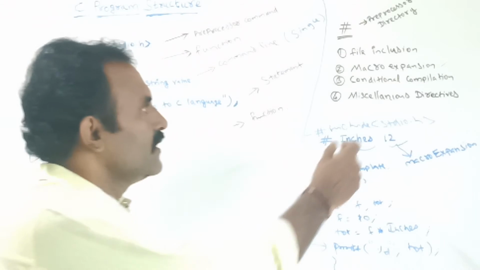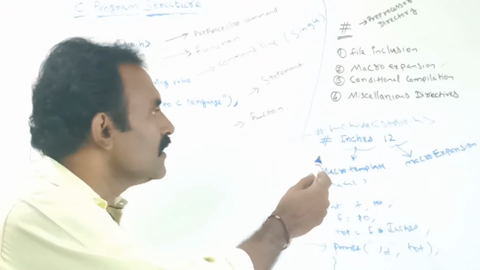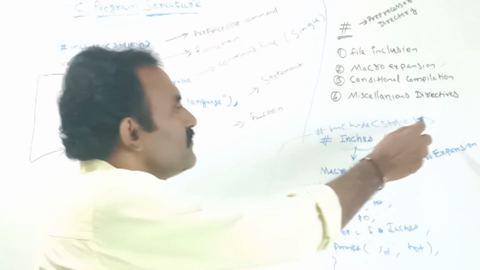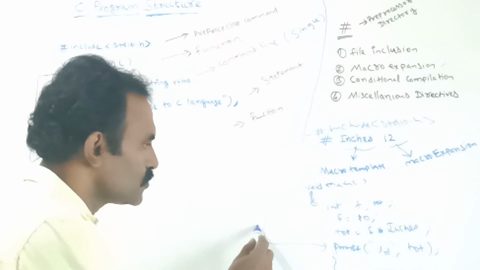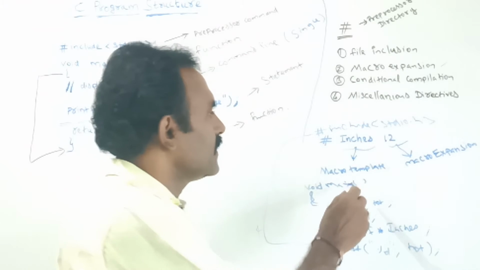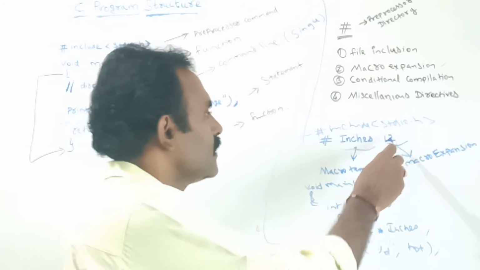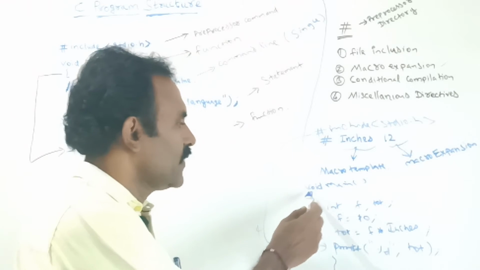For defining the macro expansion, there are two preprocessor directives. The first one is file inclusion, that is including the header file in our source code. The second one is the macro expansion. Here in the macro expansion, inches is known as the macro template, and this number 12 is known as the macro expansion. This is the void main part.